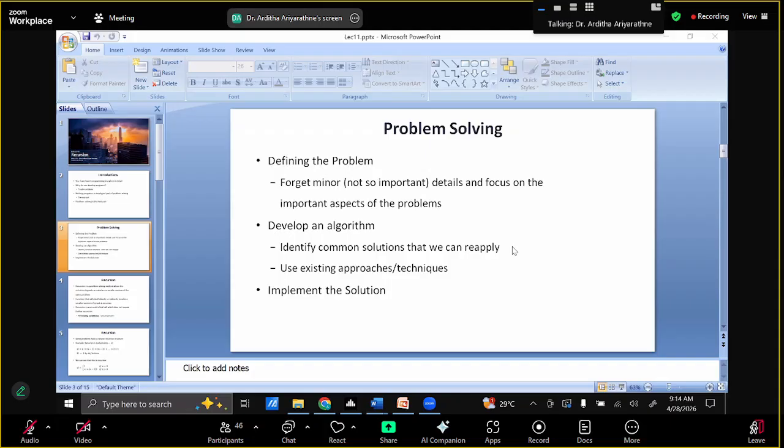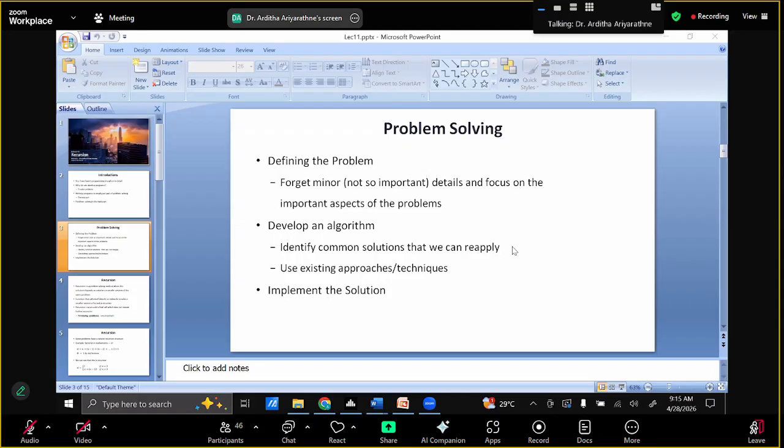Reapply means what? Applying again, another time. Just as an example, in the real world, if you apply for a job vacancy, and you apply again for the same job vacancy, we call that reapply.